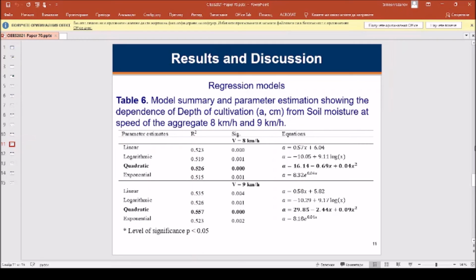R squared is equal to 0.526 and 0.557, i.e. about 52.6% of the variations in the depth of cultivation are explained by soil moisture at a speed of 8 km per hour and 55.7% at a speed of 9 km per hour.